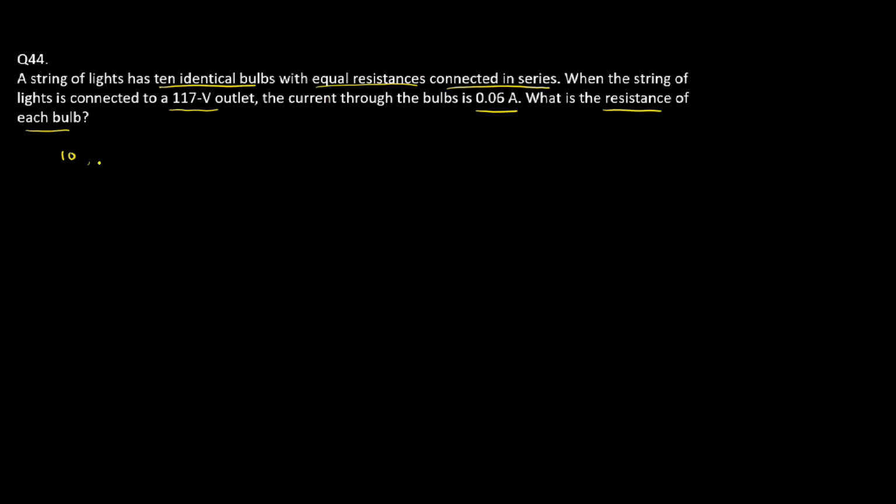So let the resistance of one bulb be R. So the equivalent resistance for 10 bulbs will be 10 times R. They are all connected in series to a 117-volt outlet. So my battery voltage is 117 and the current through the bulb is 0.06 ampere. I need to find what is R.